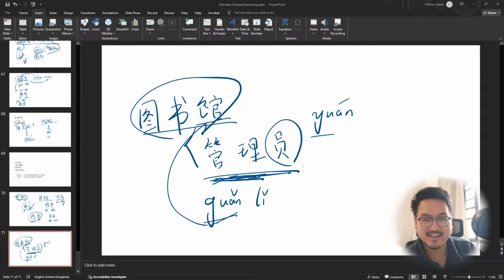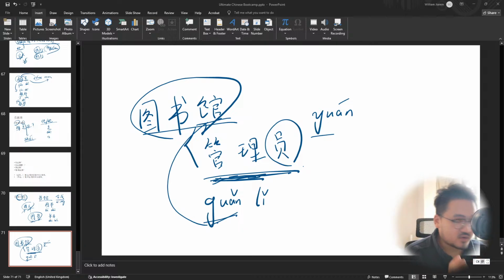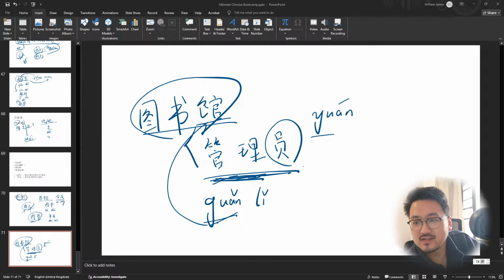So yeah, I go through the HSK book, and so basically I do this recording, and then building a public recording, and then build a boot camp. Yeah. So let's continue.